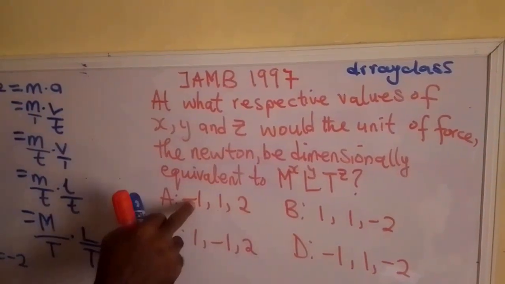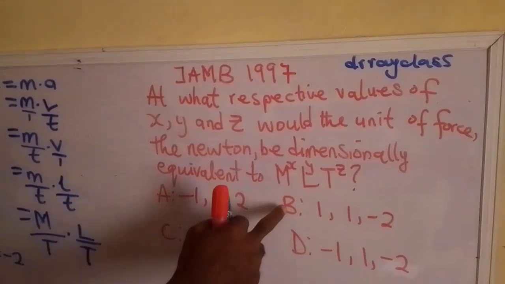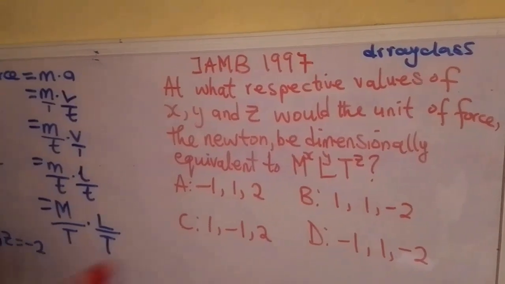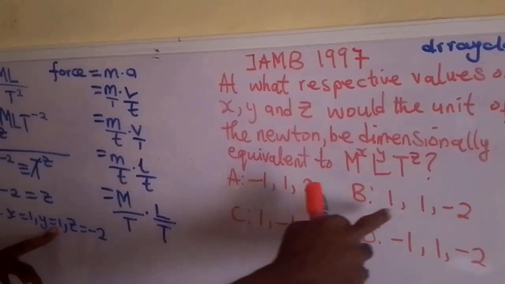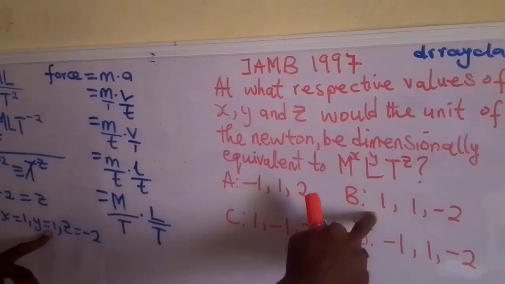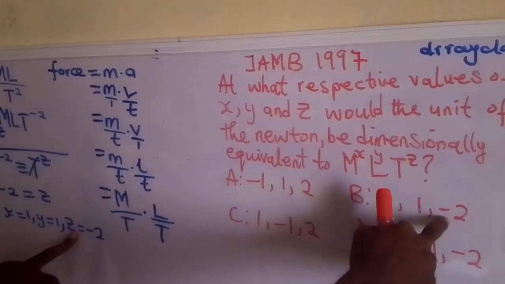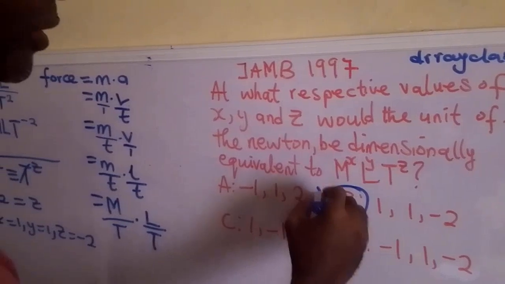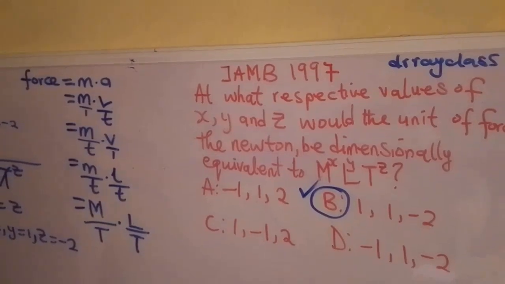So these places where x is minus 1, they're out. So it's between B and C. Y is 1. In C, y is minus 1, which is wrong. But in B, y is 1, x is 1, correct. And z is minus 2. That means our correct answer is B. I hope that was very easy for you.